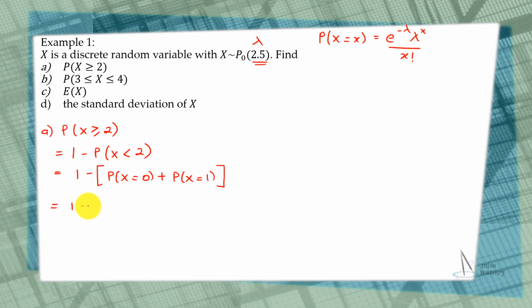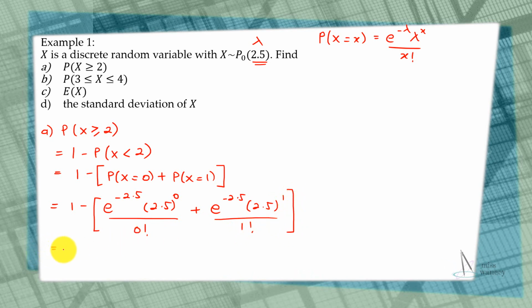So this is 1 minus, and then we have e to the power of negative 2.5, 2.5 to the power of 0 over 0 factorial. Do make sure to write down 0 factorial, otherwise this is undefined. Plus e to the power of negative 2.5, 2.5 to the power of 1 over 1 factorial.